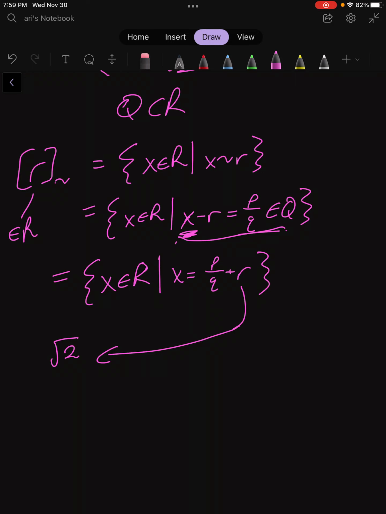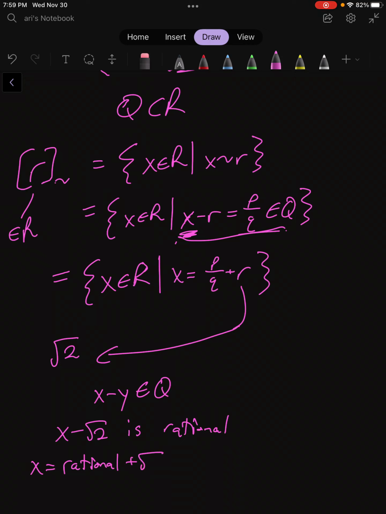And the reason is because the tilde relationship, again, is x minus y is in Q. So if we wanted to say that x minus the square root of 2 is rational, that means that x needs to be rational plus the square root of 2. Because then when you subtract the square root of 2, that's going to cancel out, and you'll be left with a rational. So hopefully that clarifies everything.